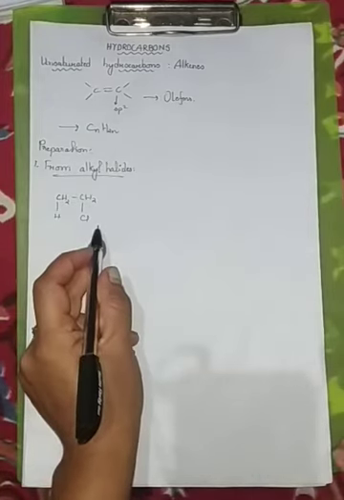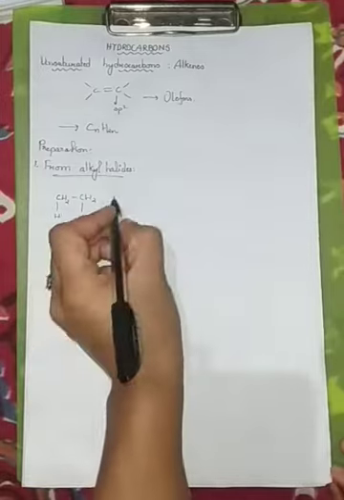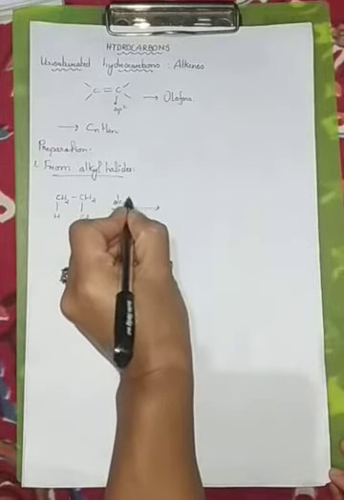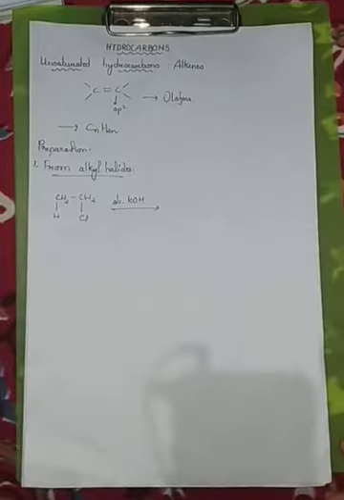Ethyl chloride on heating with alcoholic potassium hydroxide, which is dissolved in alcohol, leads to the elimination of one molecule of halogen acid to form alkenes.